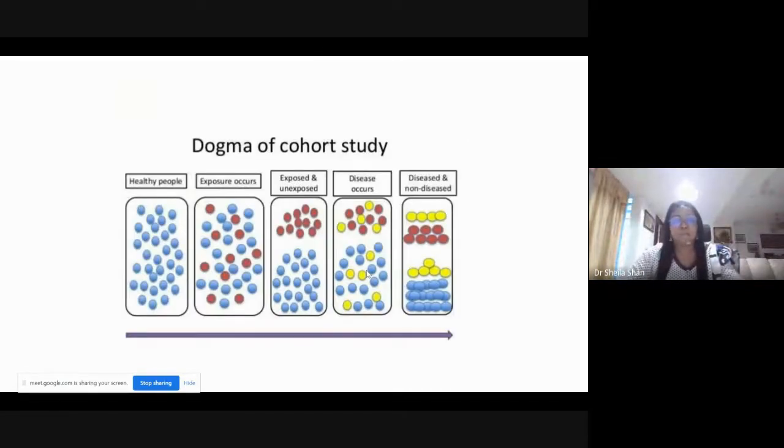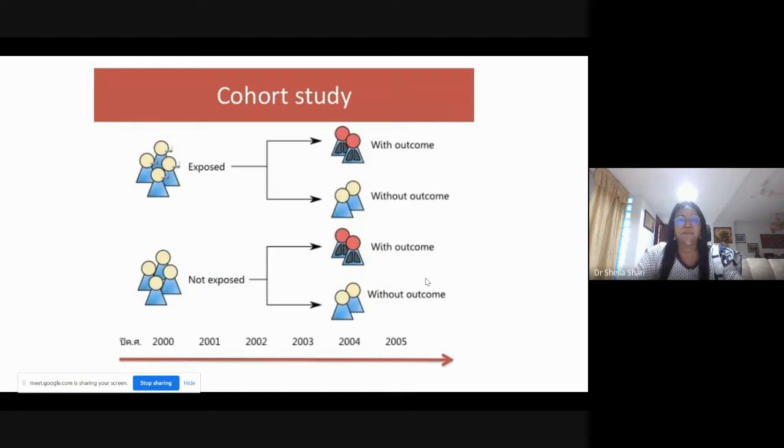So this is what happens. You take healthy people and you expose them. What happened? Exposed and unexposed, you have two groups. Then you have disease occurred and non-disease occurred. This is an example of a cohort study.